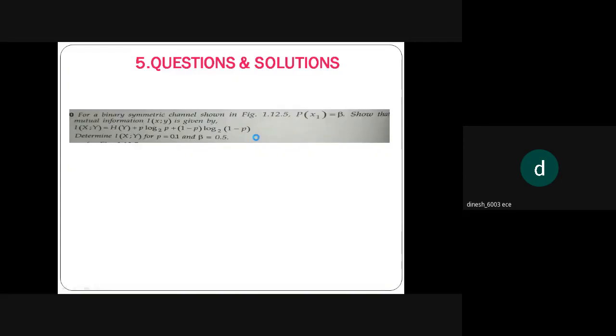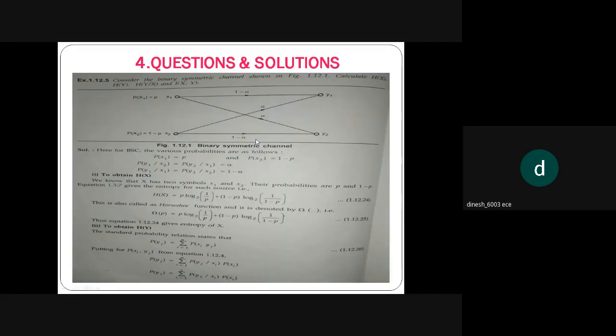So if p of x1 is beta, p of x2 is 1 minus beta. In the previous one we had it as p, so instead of p it is given as beta, so 1 minus beta.